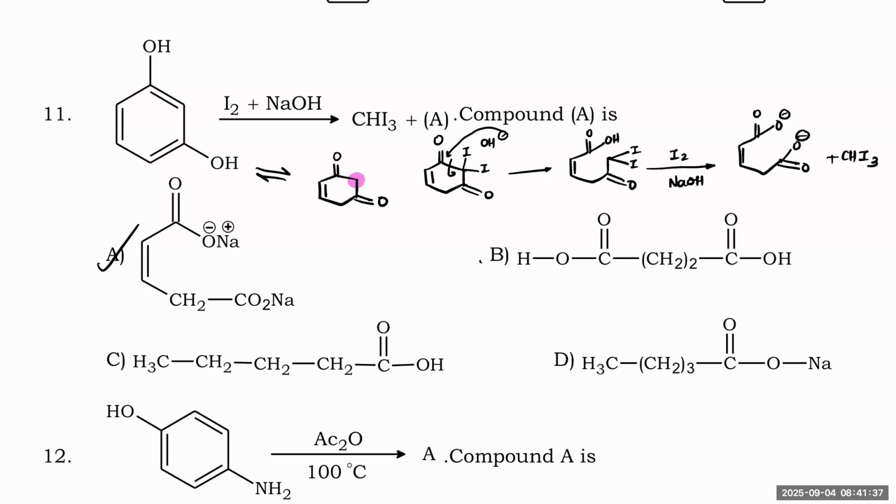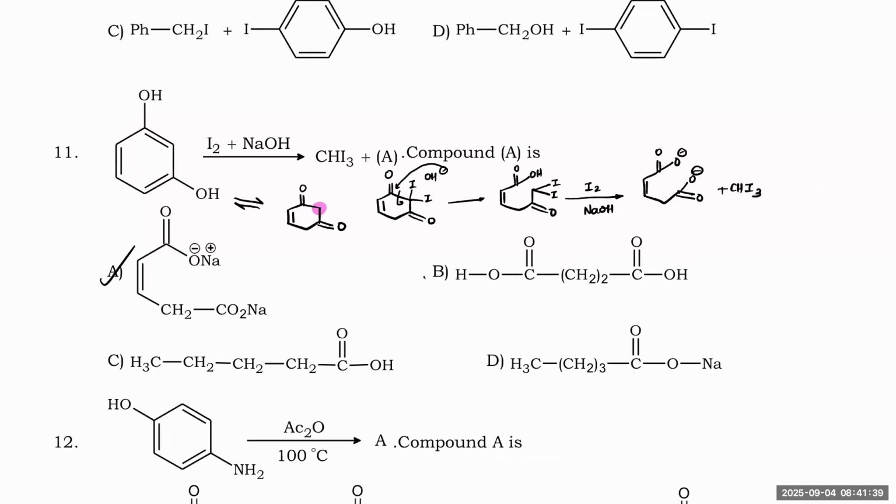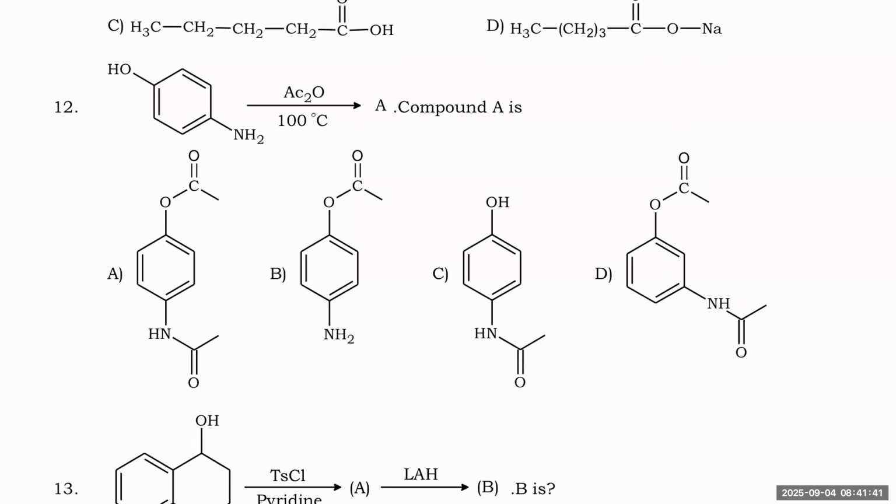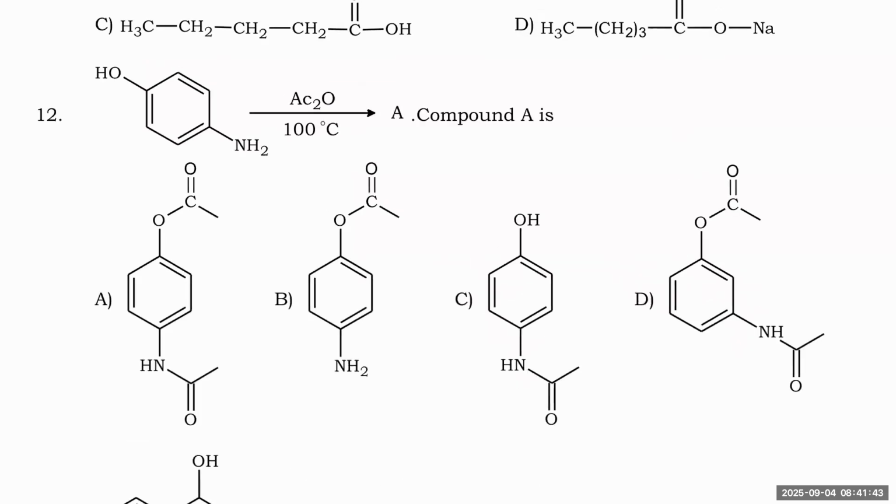Check out question 12 now. With Ac2O here, between NH2 and OH, which is a better donor group? Nitrogen is a better donor group.